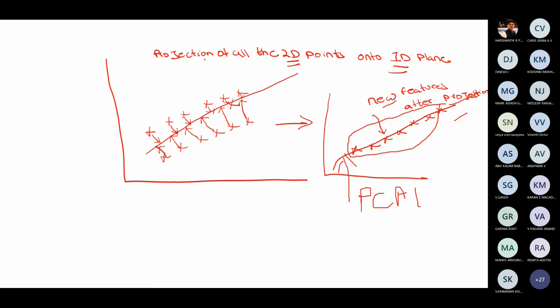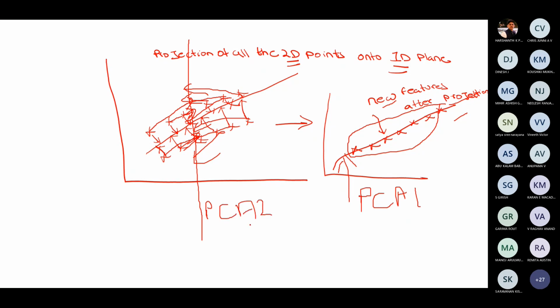Now the second PCA line, I can draw orthogonally like this, and now I can map all these points to this one. Can you see? I am mapping all the points to this one. So this is called my second principal component, PCA2. We can call it PC1, PC2.